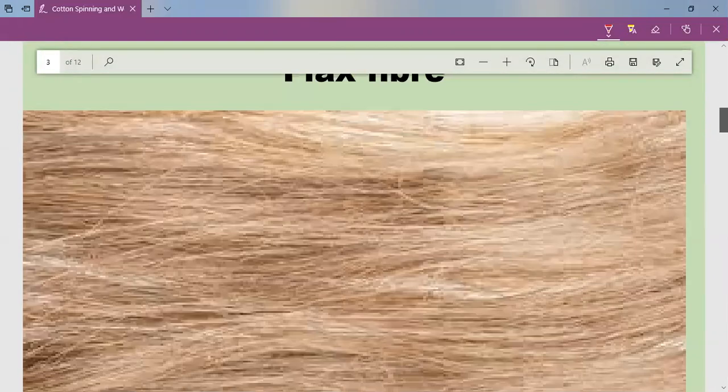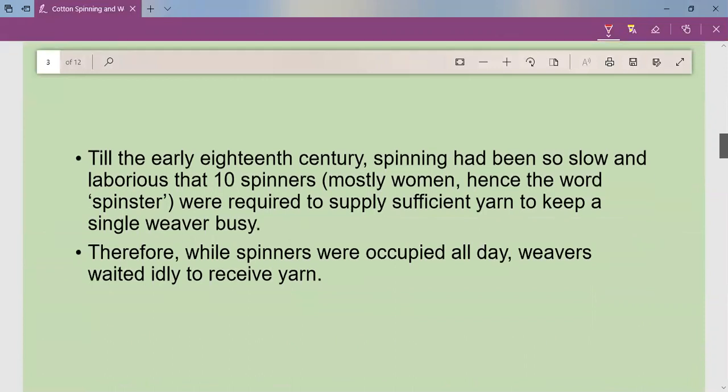Till the 18th century, spinning was very slow because it was using labor power. Man was doing the spinning. Almost 10 spinners were required to supply sufficient yarn. Yarn means the thread which is used to weave the cloth.